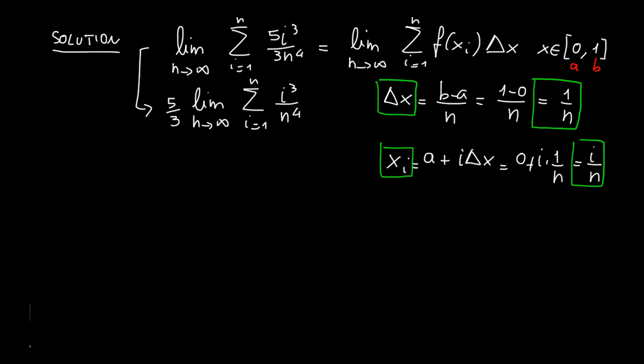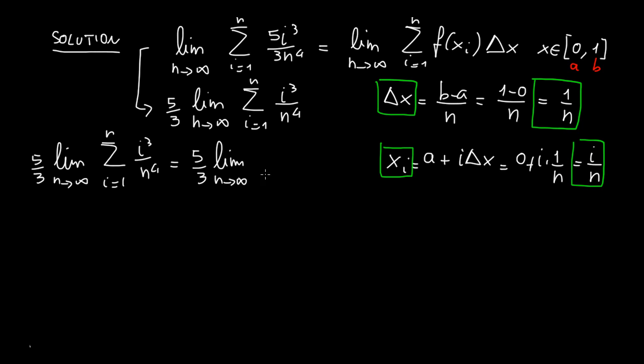Alright, so now with this in mind, we can rewrite our limit 5/3 limit for n that goes to infinity of the sum for i that goes from 1 to n of i cubed over n to the 4th as 5/3 limit for n that goes to infinity of the sum i that goes from 1 to n of i over n cubed times 1 over n.